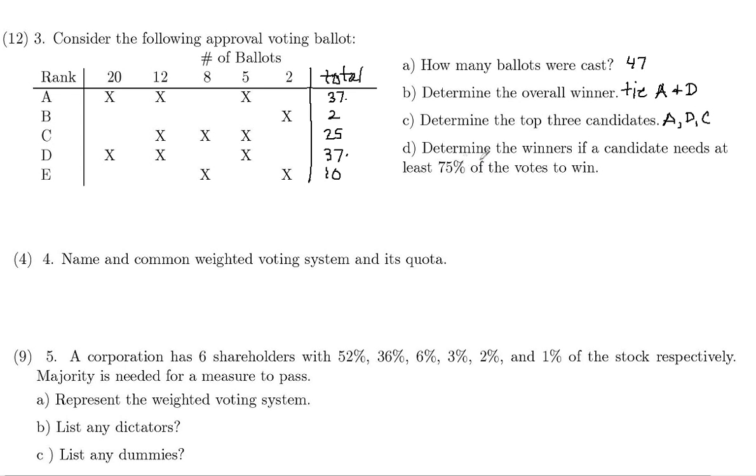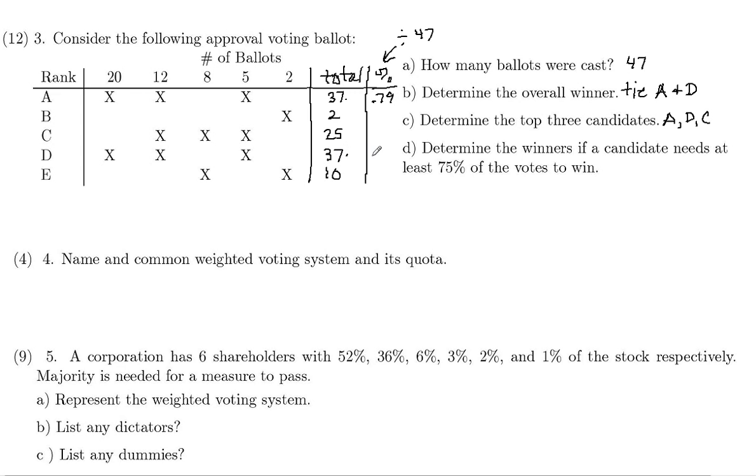And then determine the winners if you need 75% of the votes to win. So what you could do is add one extra column here if you want, and then do the percent. So to get the percent, you just take these numbers, the total, and divide by 47. So if you do 37 divided by 47, you get 0.787, so like 0.79.